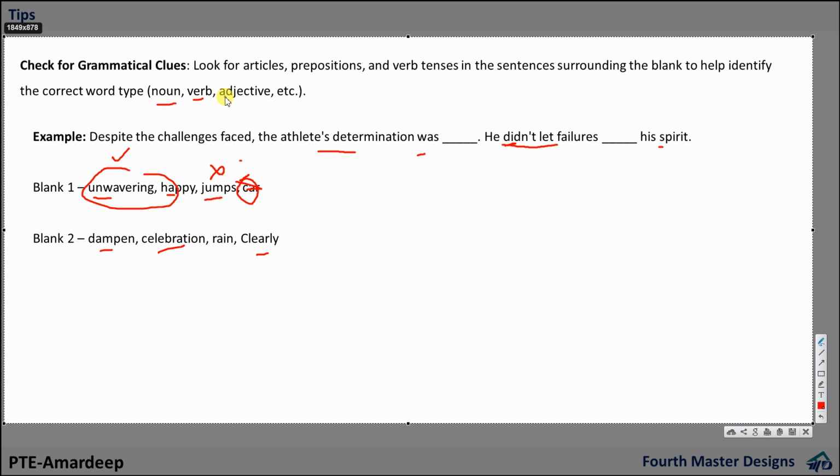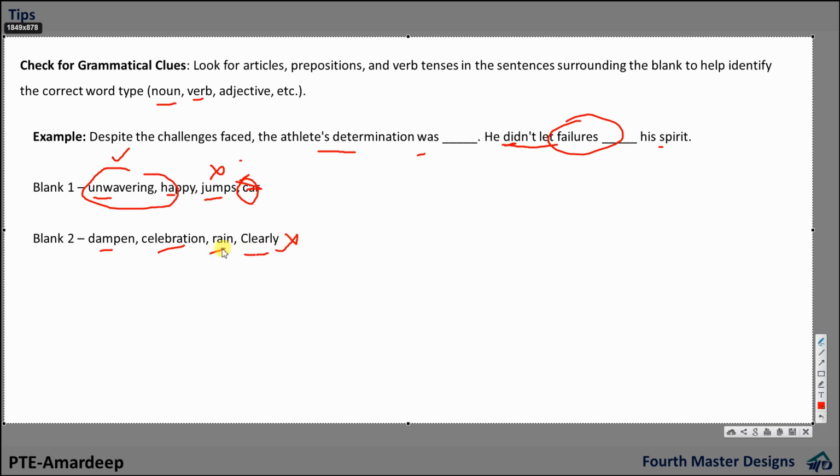Clearly is your adverb here. It doesn't fit after this word failures. Then rain doesn't fit at all. This one is grammatically wrong.